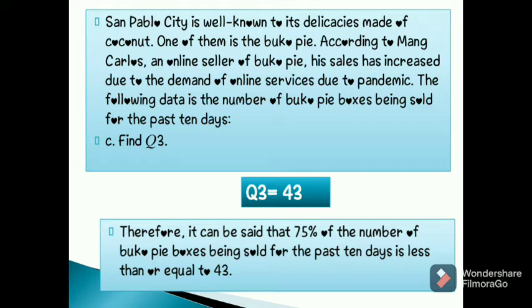We are going to find and focus on the most important part of the paragraph, and that's why in the interpretation we only included the number of buko pie boxes being sold for the past 10 days.